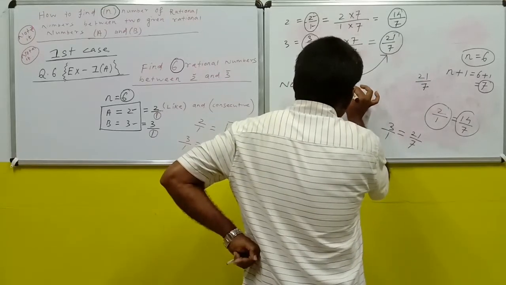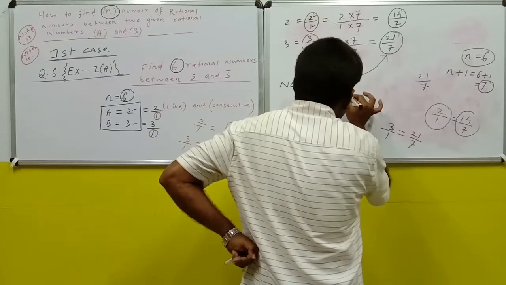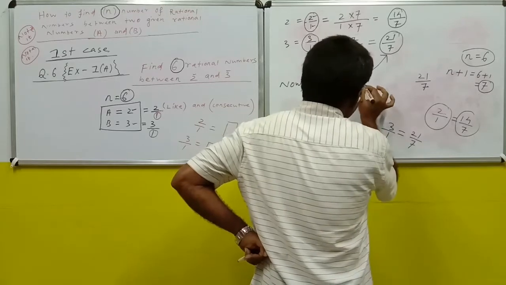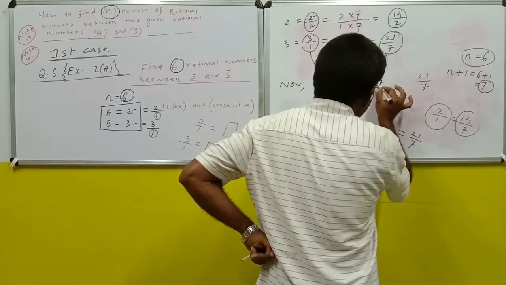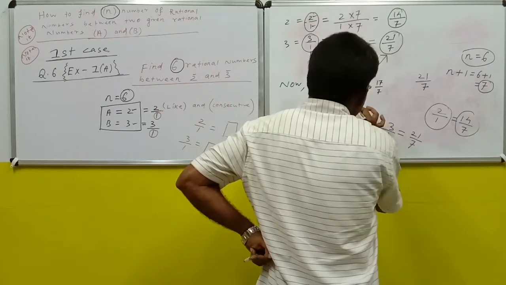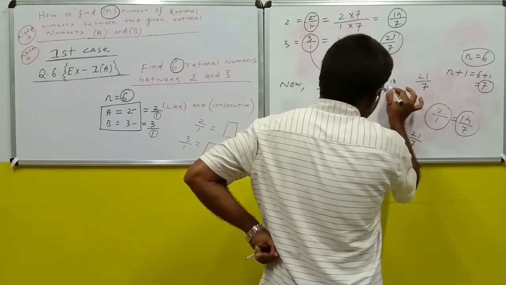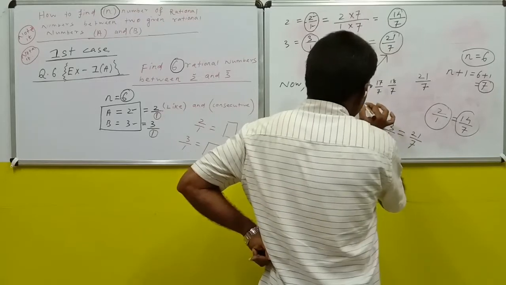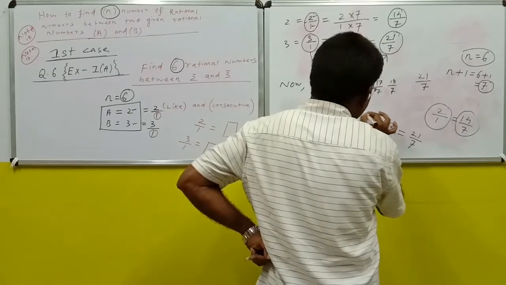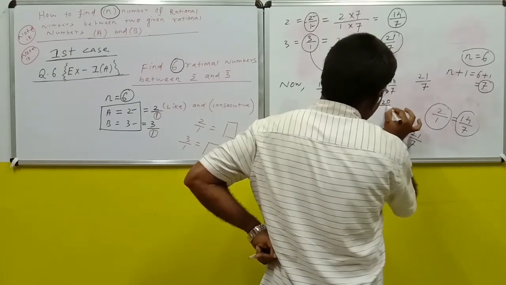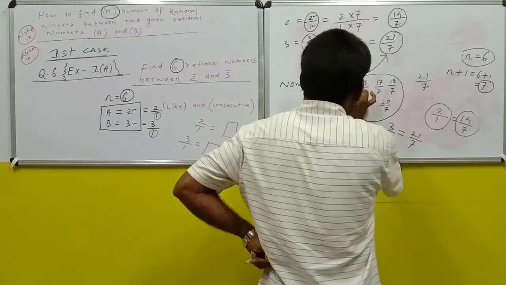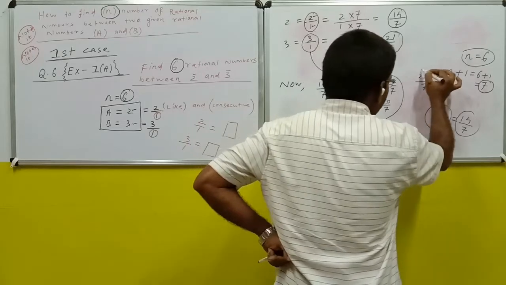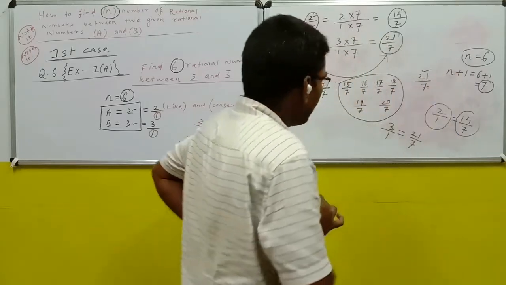The first rational number will be 15/7, then 16/7, then 17/7, then 18/7, then 19/7, then 20/7. So these 6 are the rational numbers between 14/7 and 21/7.